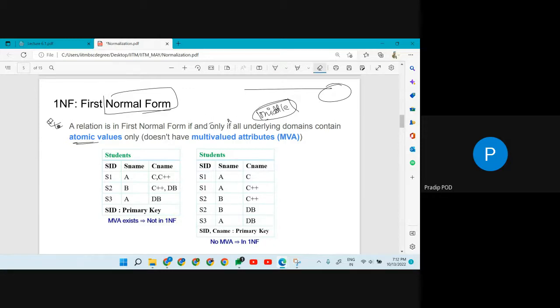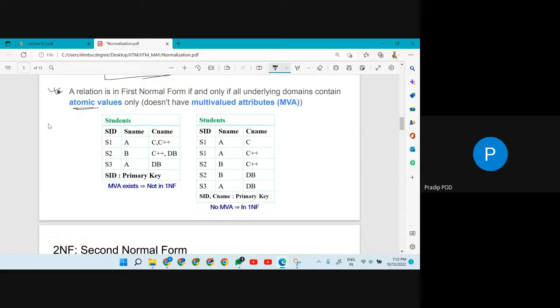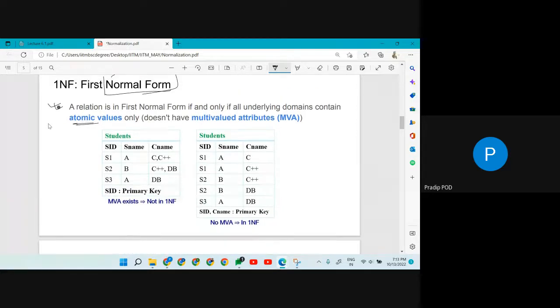Let me define this. In the first normal form, all the attribute domains should contain atomic values only and should not have a multi-valued attribute. In this example, the student table has SID, SNAME and CNAME.